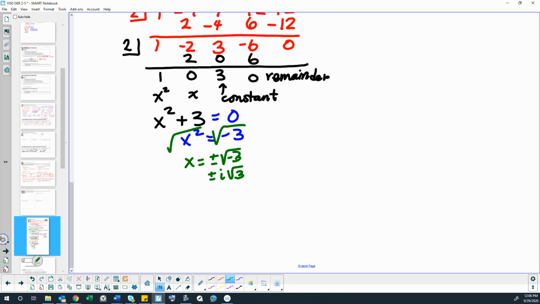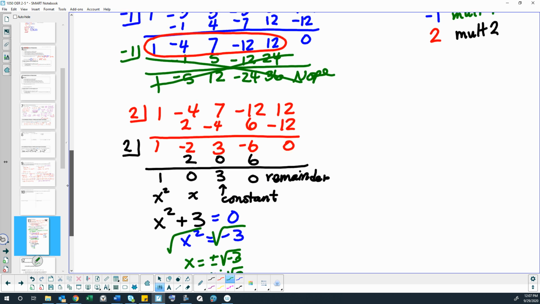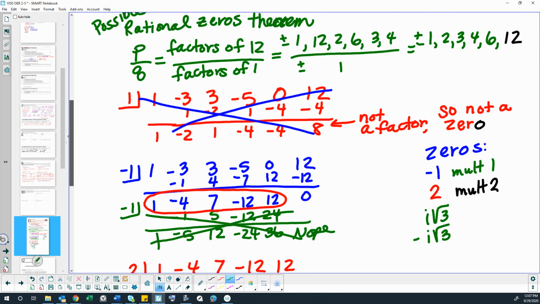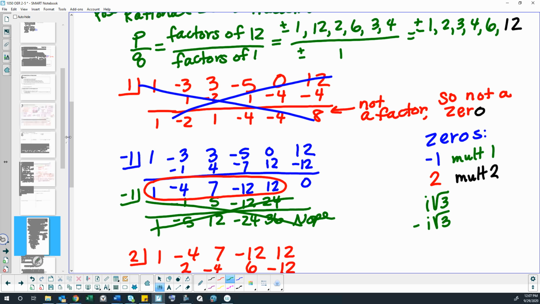You can't take 3 out of the square root without it being an approximate, rounded decimal answer. So there's our other 2 zeros. So we have positive i square root of 3, and we have negative i square root of 3. There's all of our zeros right there.